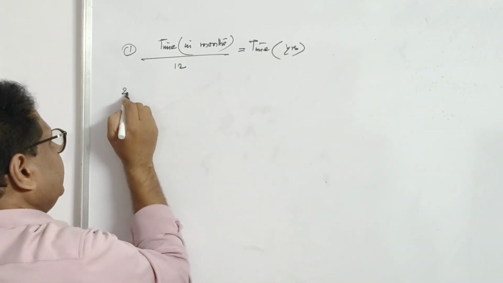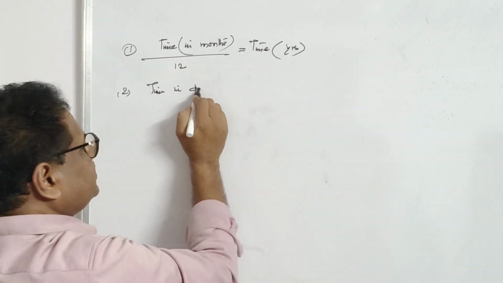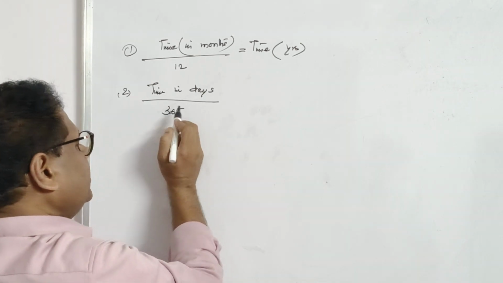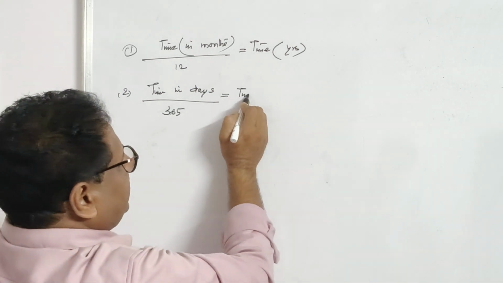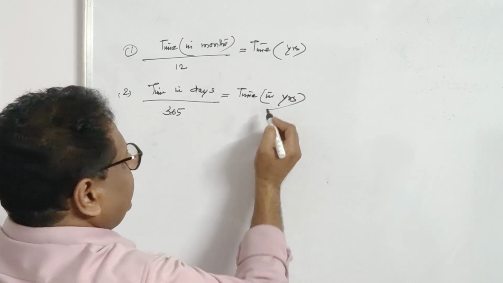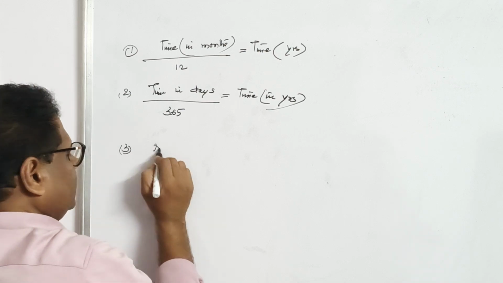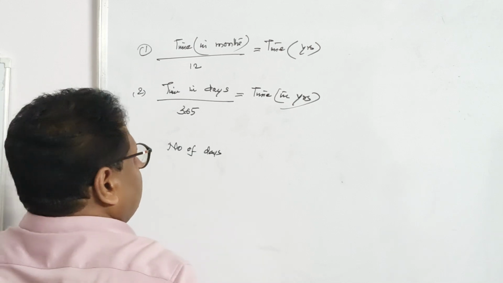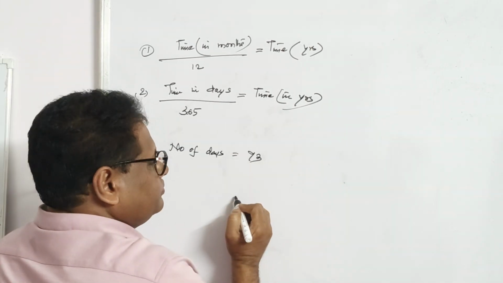Second, if the time is in days, please divide it by 365, considering 1 year to be 365 days. So this will convert time into years. And let me tell you, the number of days will usually be 73.